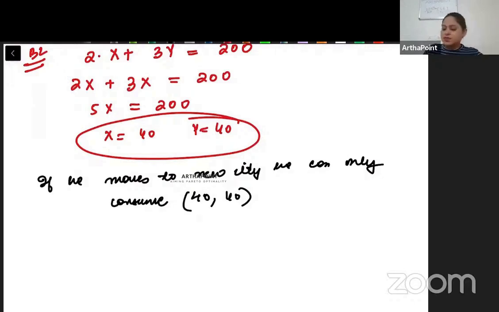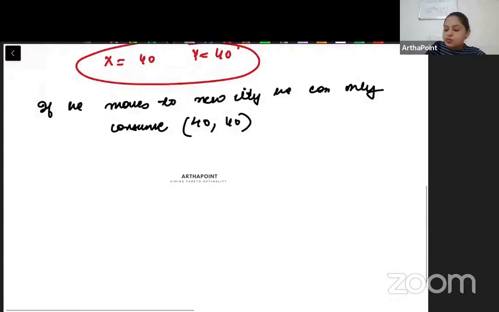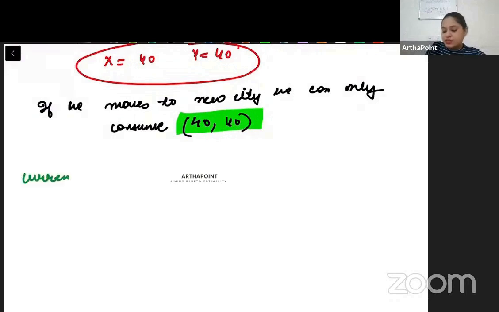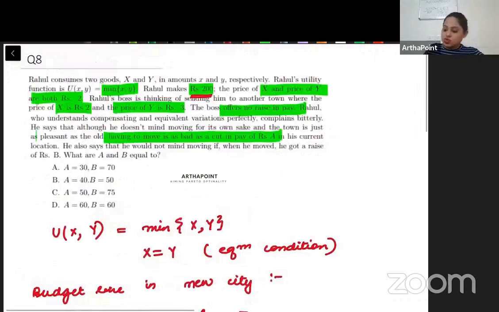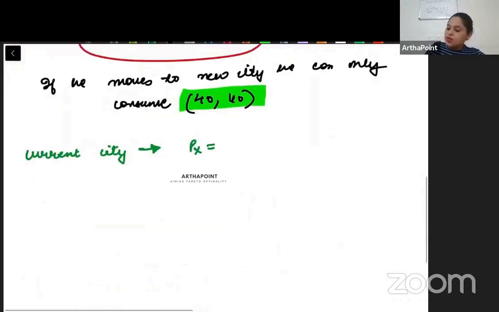Let's think about this. If he were to consume this 40 in his current city, the price of good X is 2 and the price of good Y is also 2. So Px is 2 and Py is also 2.